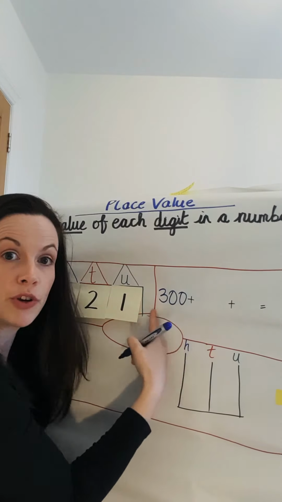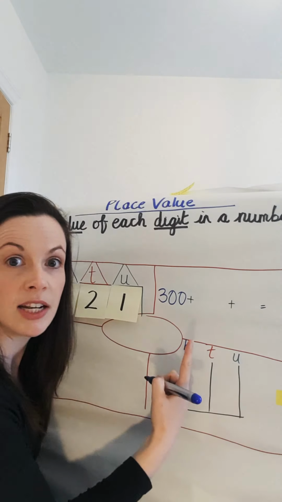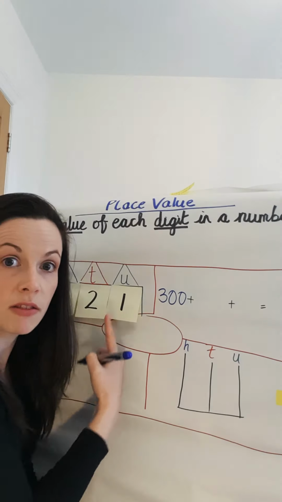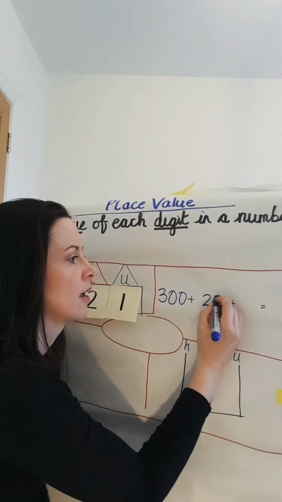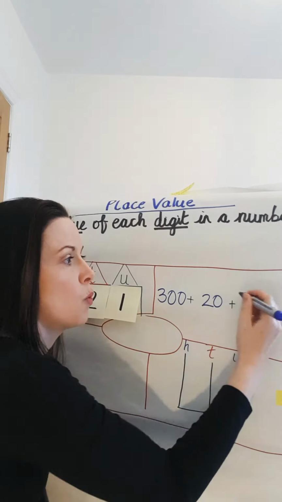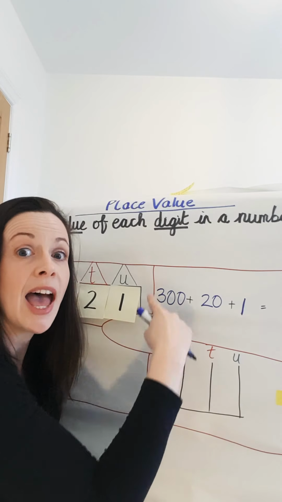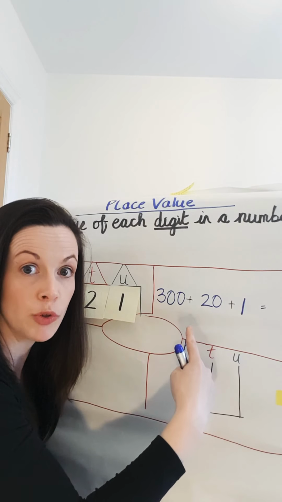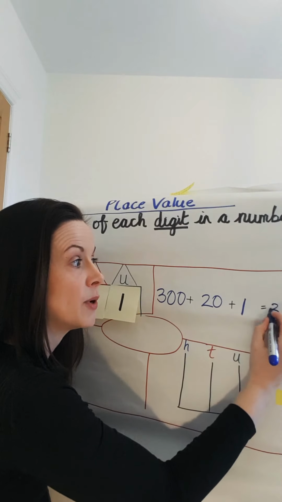That digit, when it's there, is this amount. The 2 tens, what's the value of that? When we write the number, it's 20. And this is an easy one. 1 unit, how much is just 1 unit? 1. And if you were to add 300 and 20, that's 320, and 1, 321.